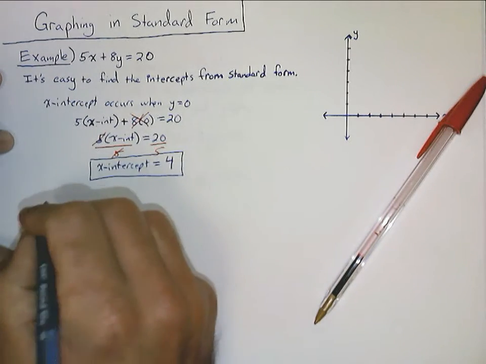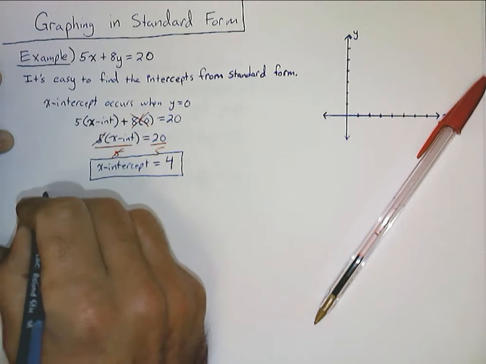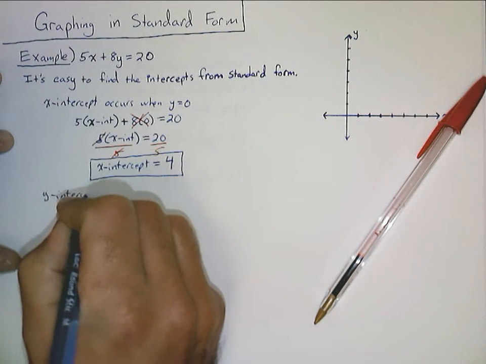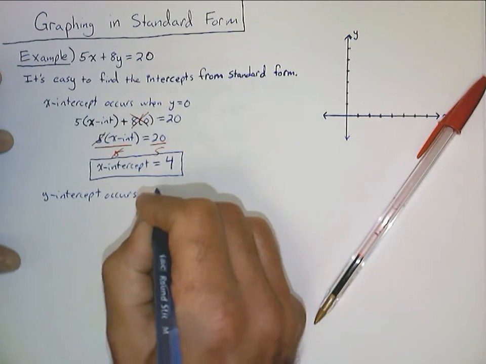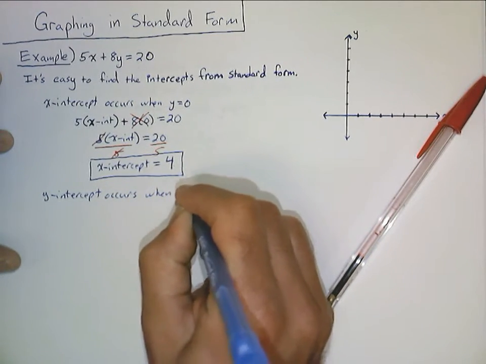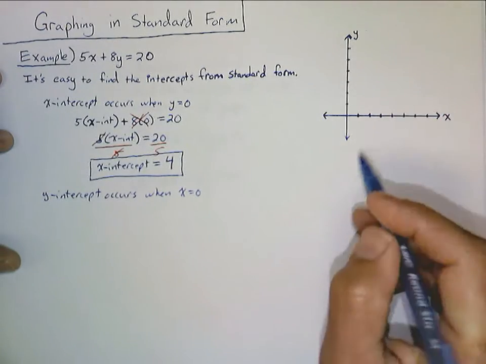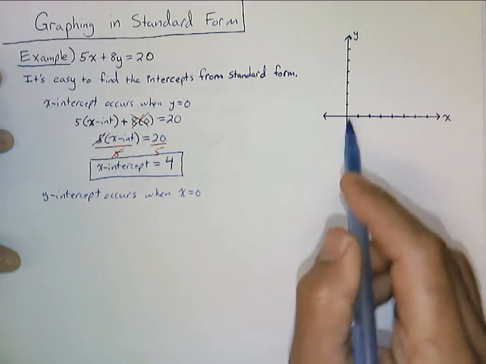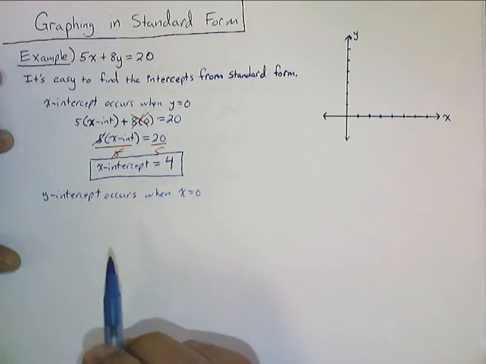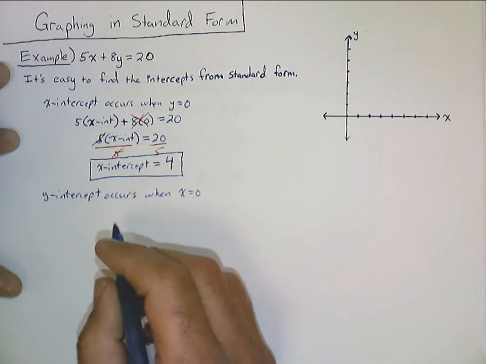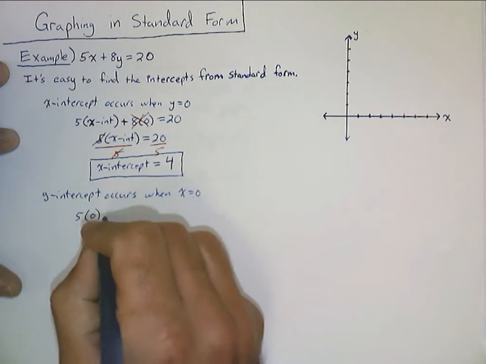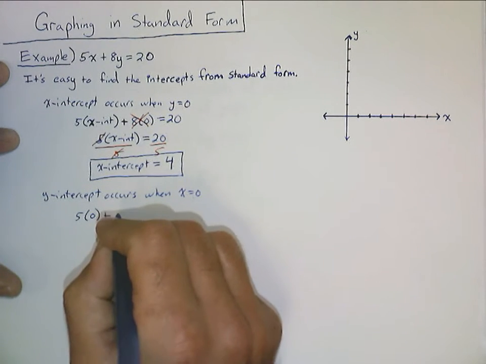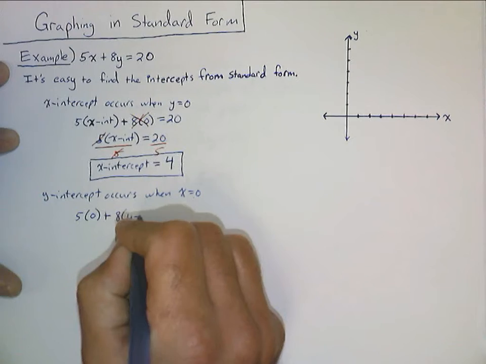And so, next, the y-intercept occurs when the x happens to be 0. Right? Because on the y-axis here, the x-coordinate of every one of those points is 0. So we just replace the x with 0, 5 times 0, and that makes the y become the y-intercept.